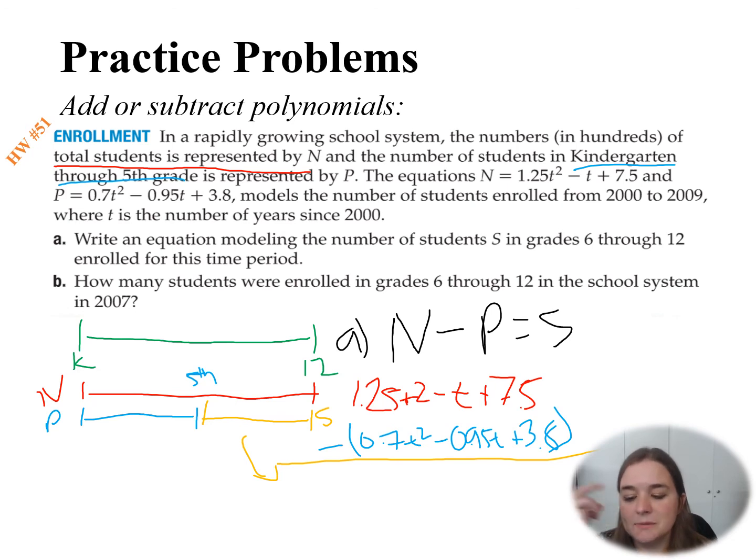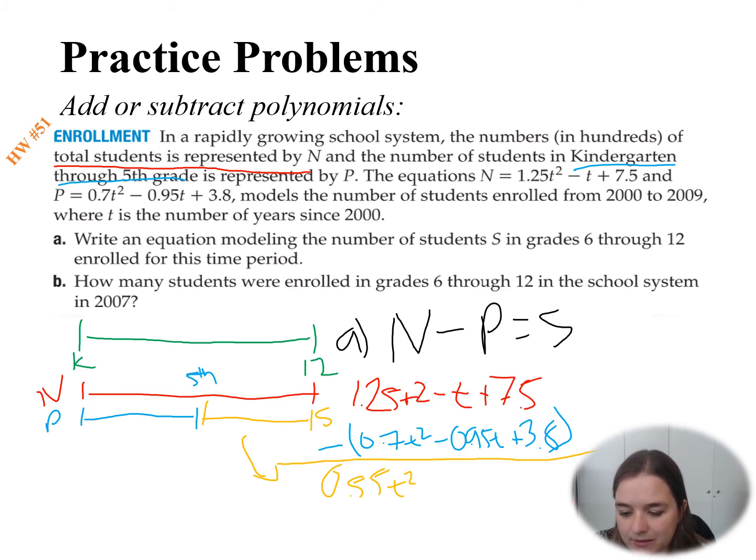Well, now, because I'm subtracting, I need to make sure that I keep track of that negative. So for my like terms here, I see 1.25 t squared, and then I have minus 0.7 t squared. So that's going to give me 0.55 t squared. Well, then I have a negative t minus a negative 0.95 t, which is the same thing as a negative t plus 0.95 t.